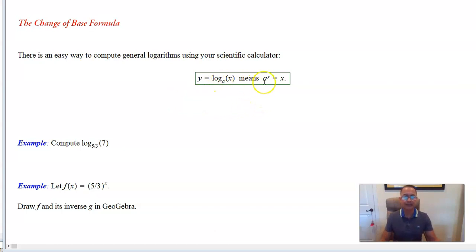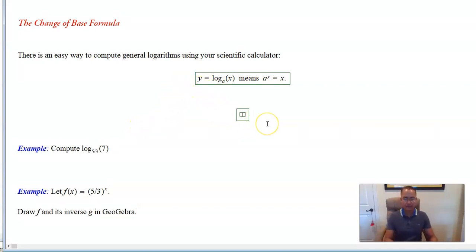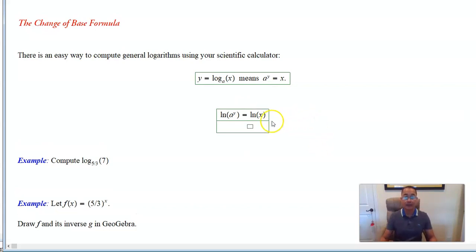Right, but again, that means that a to the y equals x. So we want to know, how can we get y? Well, our usual trick. Let's apply ln to both sides of this equation. So ln of a to the y equals ln of x. But now we have the power rule, exponent rule, which says that I can drop that y.